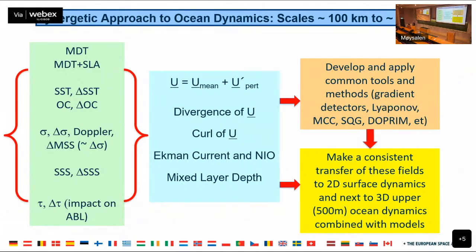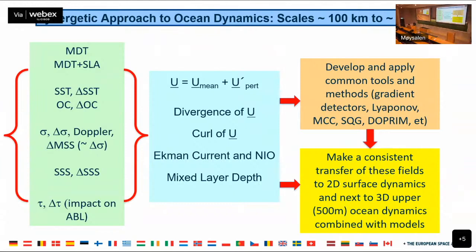Then we have the SST field with its gradients, the ocean color with its gradients, the cross-section with its gradient, and the Doppler. We also have the mean square slope and its variability, which also triggers into the sun glitter. We have sea surface salinity and gradients, and wind stress and wind stress gradients.